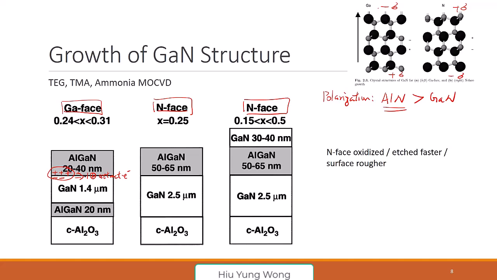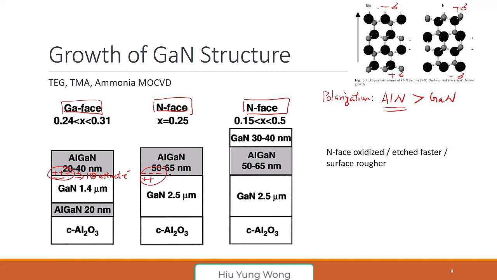Okay, for nitrogen phase, can you tell me what is the charge on top of the gallium nitride? Now it's nitrogen phase. Positive. Then what is that at the bottom of the aluminum gallium nitride? Negative, right? But more, because again, aluminum nitride has more polarization charge.